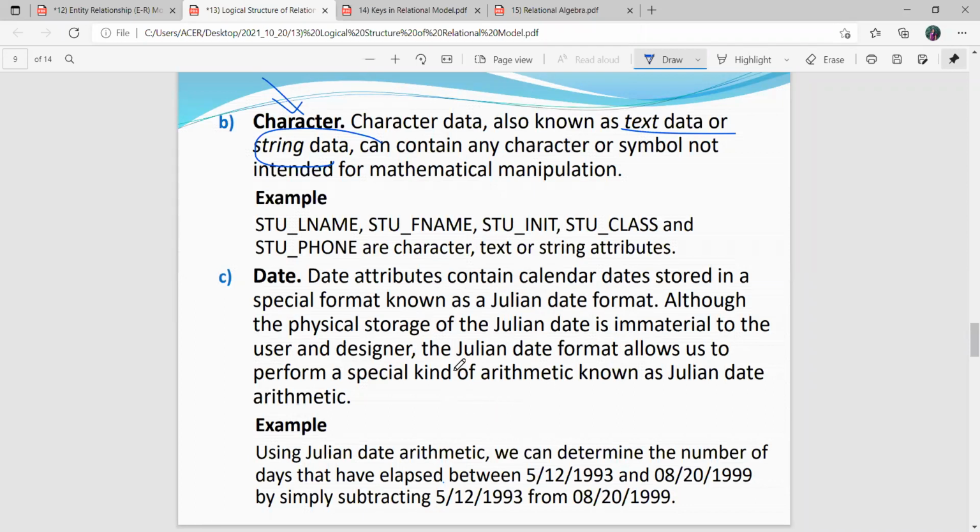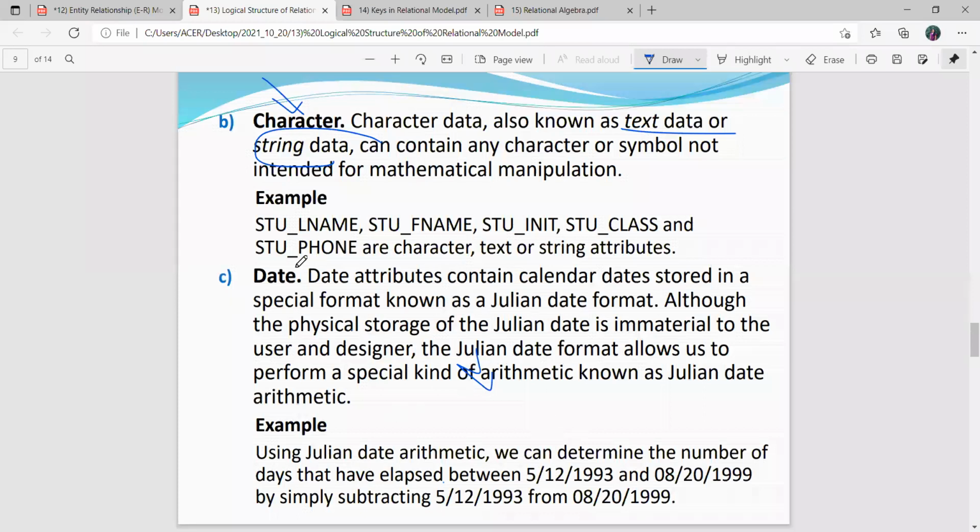That means if the database has the date of birth of a particular person, we can perform arithmetic calculations to find the age of that student.